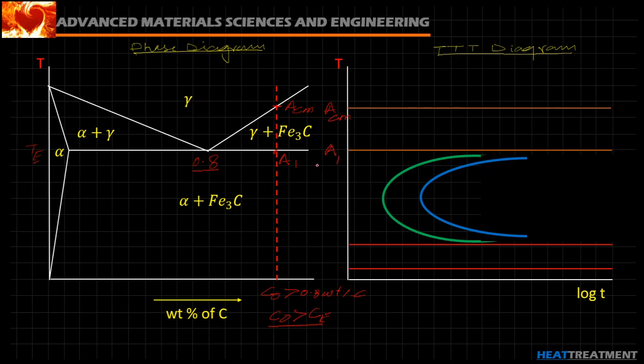Also we have the horizontal lines for the Martensite start and Martensite finish. Similarly, we have two curves for the start of gamma plus pearlite, gamma plus bainite, and this is the region where we are having alpha plus Fe3C.